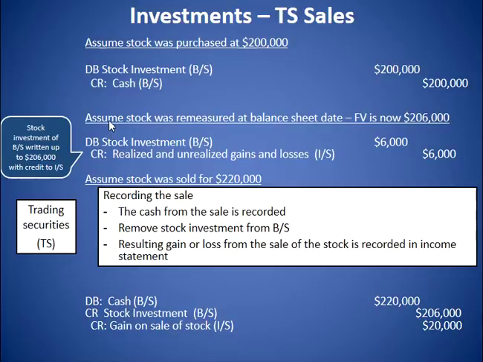Now, on the balance sheet date, we have to remeasure all of our trading securities to their fair value. Now we're saying the fair value of this stock investment has gone from $200,000 to $206,000. So we would debit the stock investment for $6,000. The balance of our stock investment would now be $206,000, and the realized and unrealized gains and losses regarding our stock would be $6,000, and that amount would go directly to the income statement.